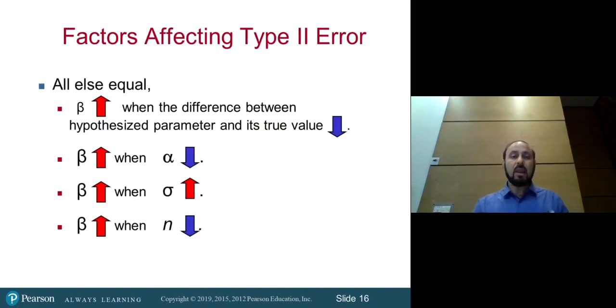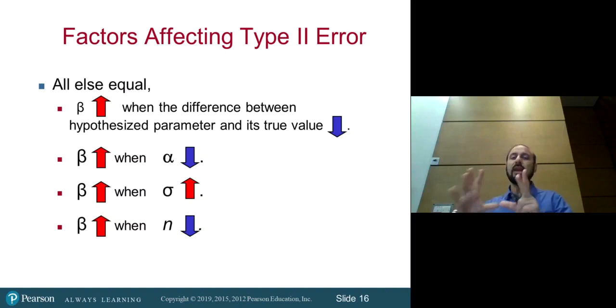All else equal, beta is high when the difference between the hypothesized parameter and its true value is low. Beta is high when alpha is low, or when sigma is high, or when the size of the sample is low. These kinds of factors can cause type 2 error.